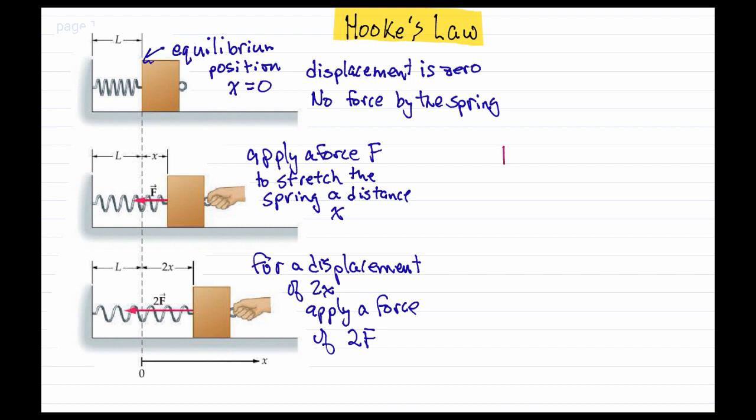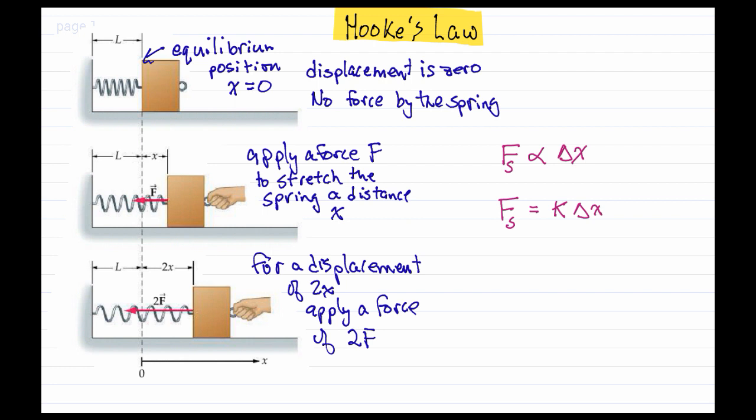So let's just write that down. We have force, and this is the spring force, is proportional to the displacement of the spring. And in fact, there's a constant of proportionality. So the magnitude of the spring force is actually equal to a constant k times the displacement.